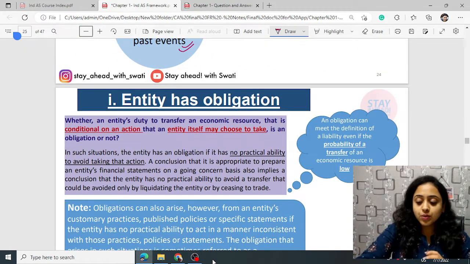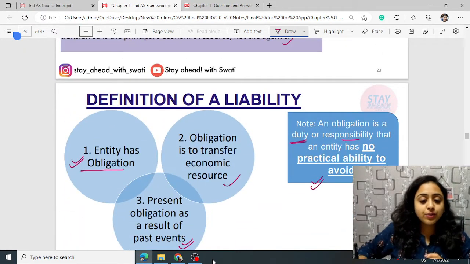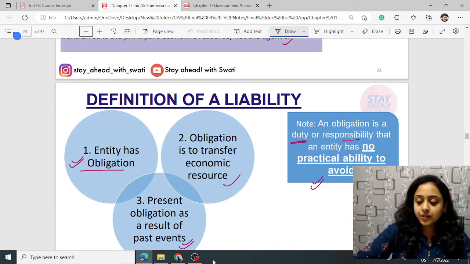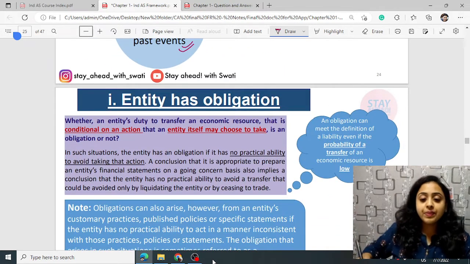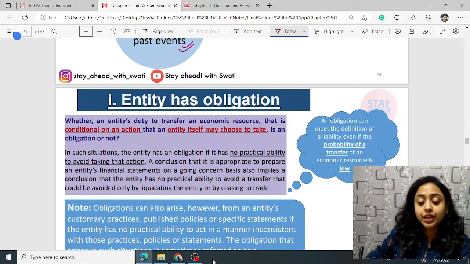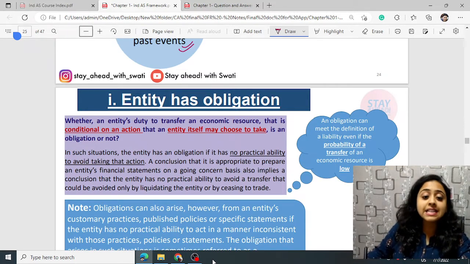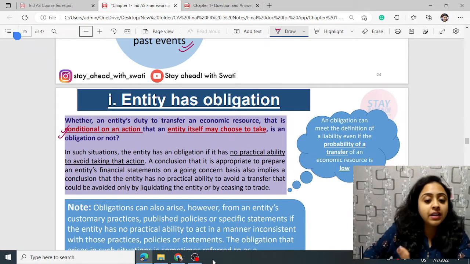Now, according to this 1, 2, 3, we will be deep diving into it in detail. Firstly, the entity has an obligation. Consider an entity's duty to transfer an economic resource that is conditional on an action, dependent on an action that the entity itself may choose.